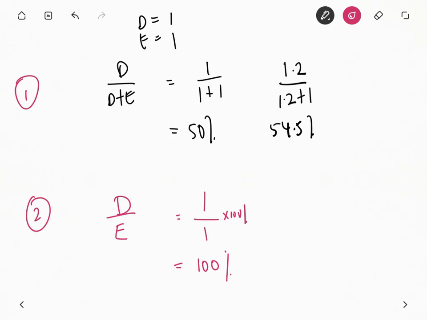Let's say now I ask you, the gearing ratio I have calculated for company C is 72%. High or low? The rest are not given, except that company C gearing is 72. Is it high or low? Actually, we can't tell. Why? Because if it's this formula, then it is high, but if they use the other formula, then it will be low.